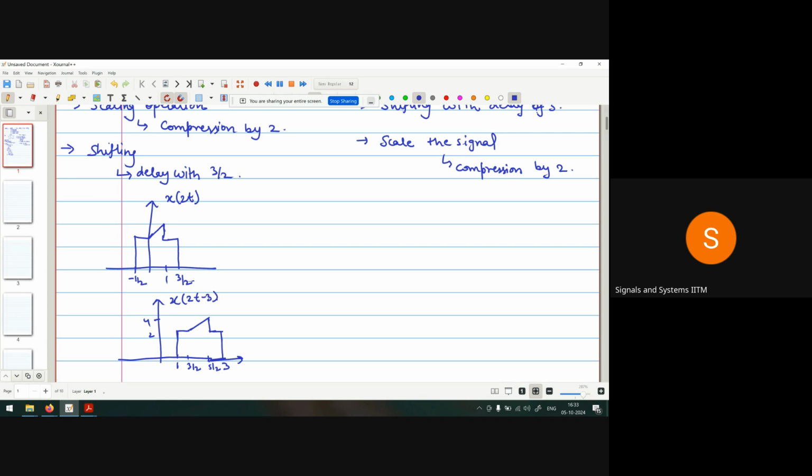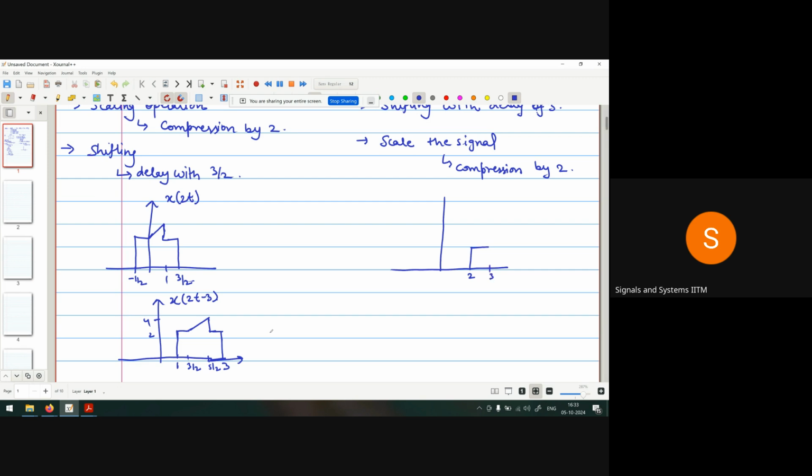Now, in a similar way, if I go with the backward approach, first we have to shift the signal. So now I am going to shift my signal. The signal that started from minus 1 will start from 2. The signal point that is at 0 will be moved to 3.